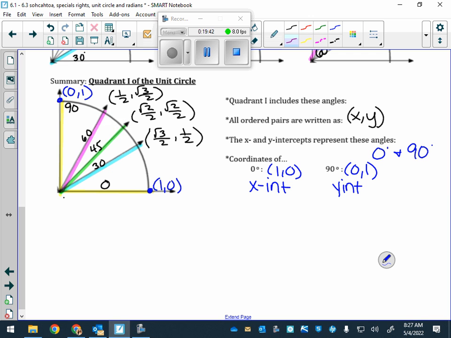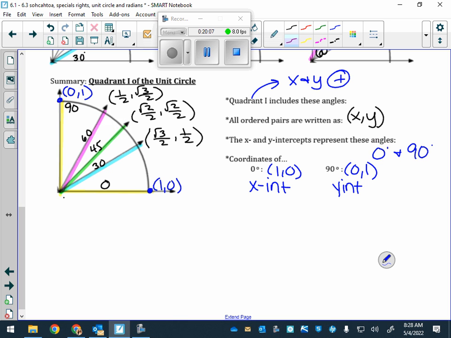Okay, are we okay? Quadrant 1, think of quadrant 1. Both x and y are what? Positive. So in quadrant 1, x and y are both positive.